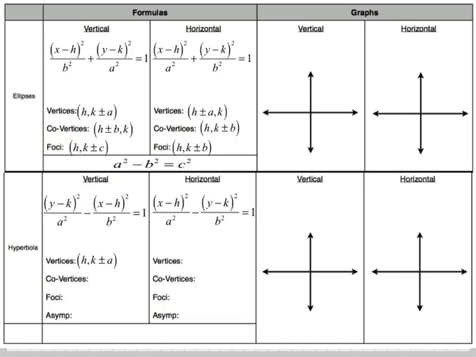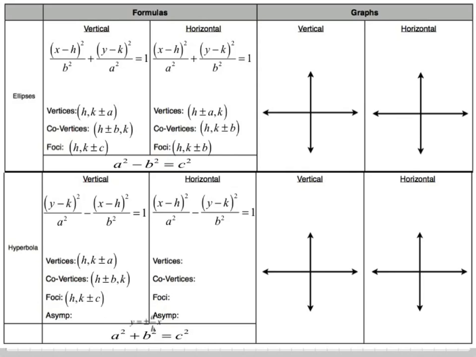And then we have our vertices, co-vertices. Now, hyperbolas don't really have co-vertices, but they make sense when you're trying to graph it, so I wanted to throw it up there. The foci, and here's this formula. See, it looks kind of similar to the ellipse one, but notice that this one says plus, and the ellipse one says minus. That's the difference between those two.